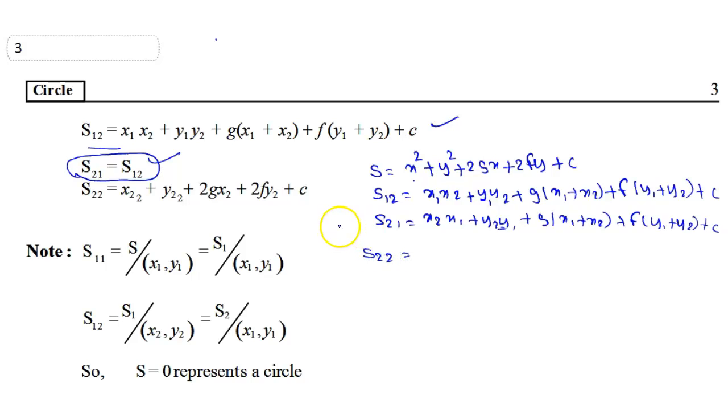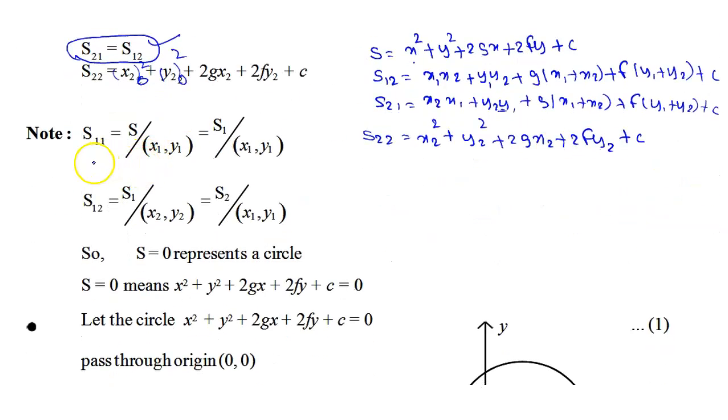Previously we have done S11, right? Same thing, S22 is x2 square plus y square 2 plus 2gx2 plus 2fy2 plus c.